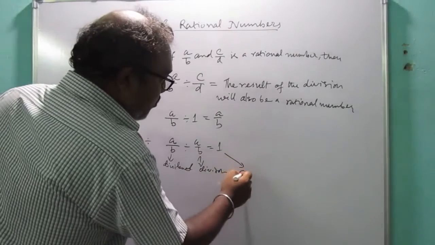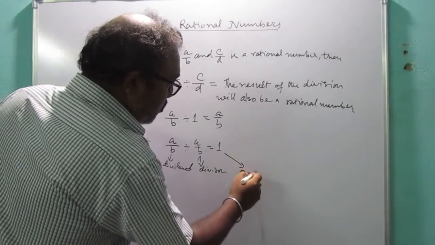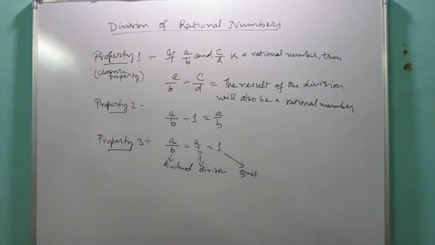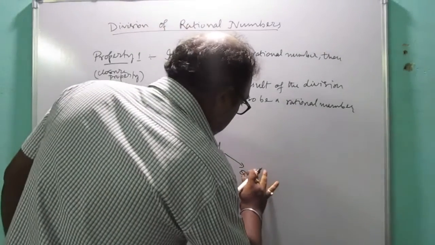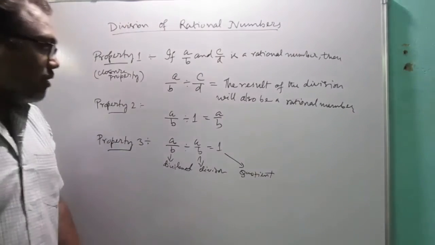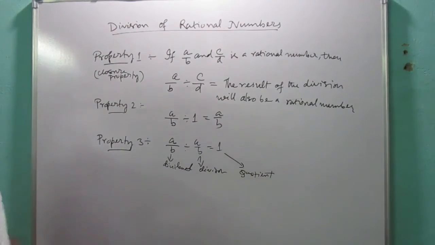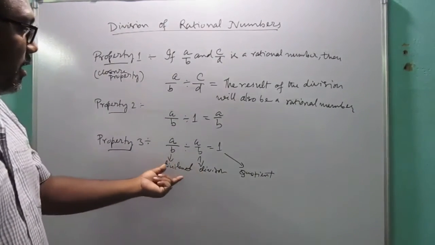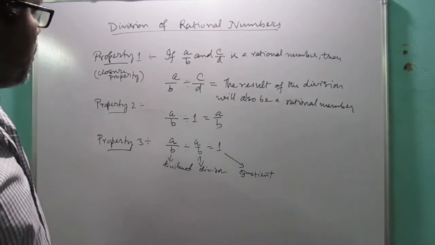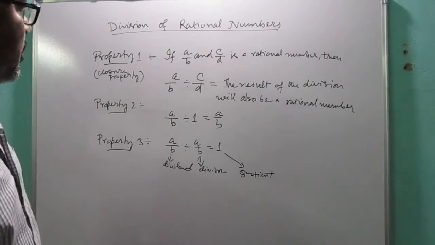That means the quotient will be 1. So these are the 3 properties of division.